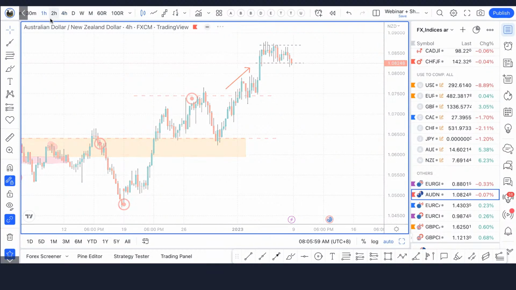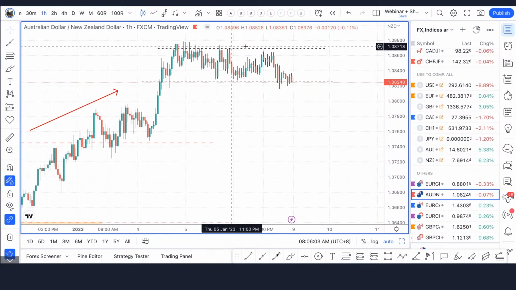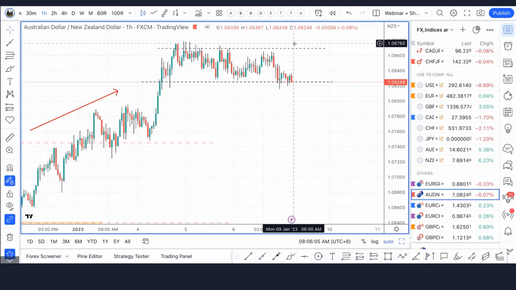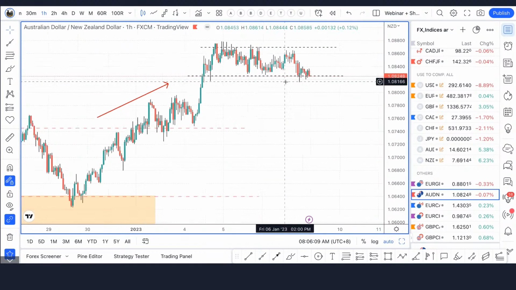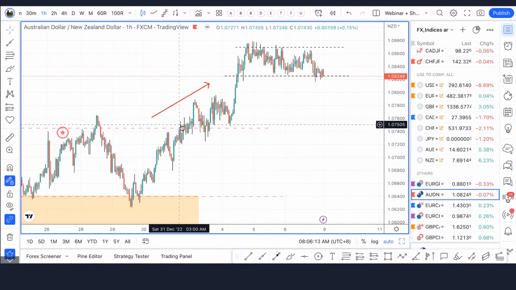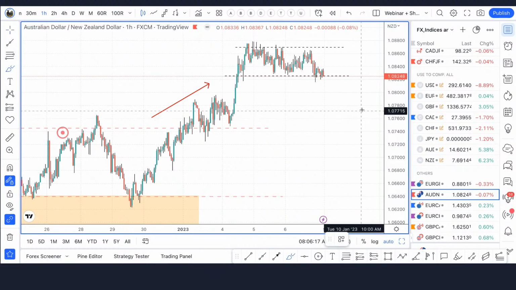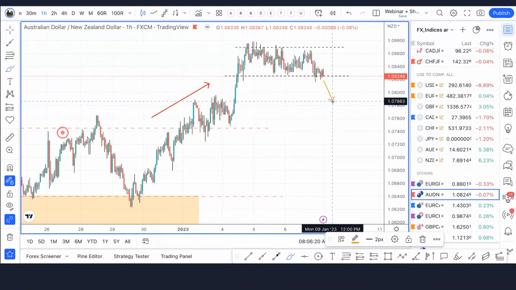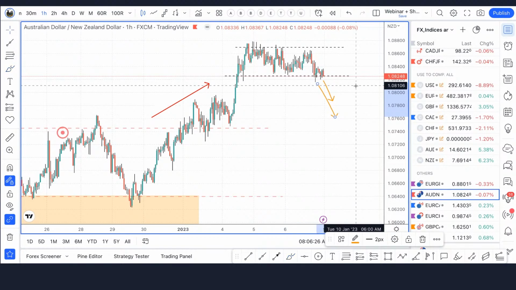Okay, so on the 1 hourly, this is the range, so you can mark up your range. If it's going to go up higher or break out from here, then there might be more correction downwards to this level or to this level. Nobody knows. It can be going down to here, or it can also be going down further, right?